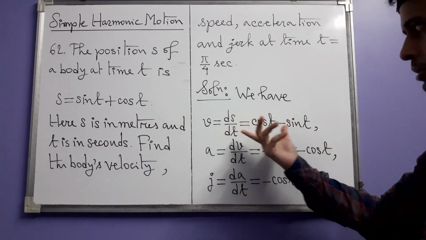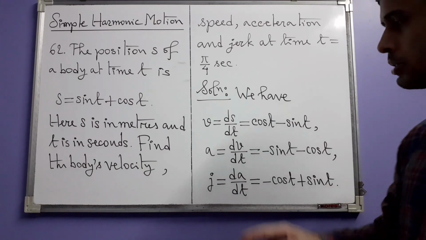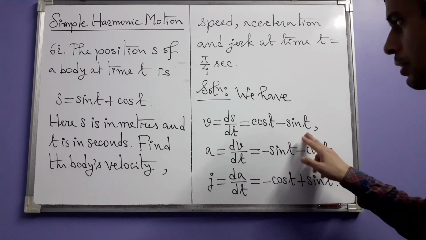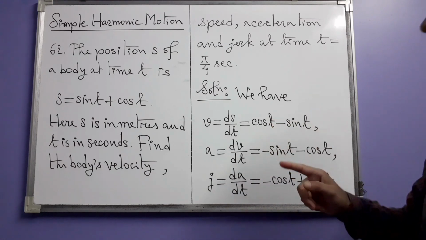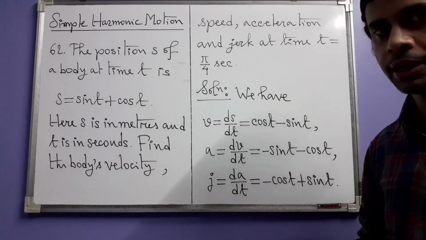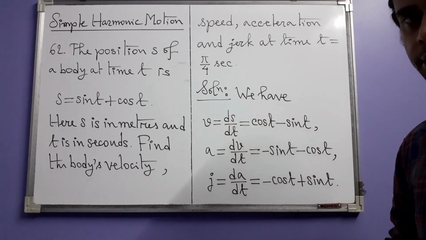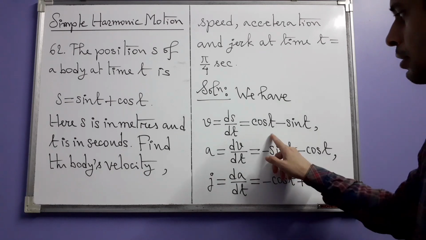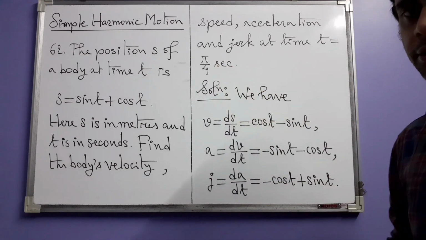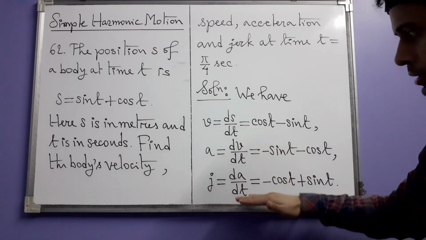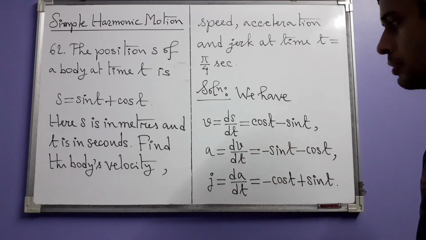So this is the general velocity as a function of time. If you put some specific time value here, you would get the body's velocity at that instant of time, because this is instantaneous velocity, not average velocity. In our case, we are of course going to put t equal to pi over 4. But let us first calculate the other quantities.